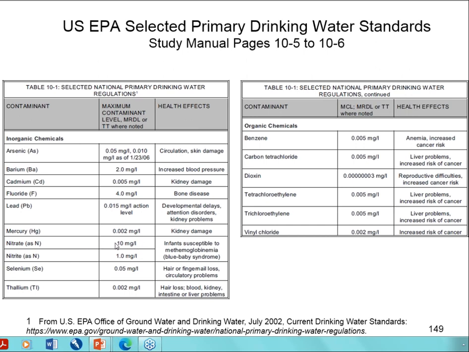With our MCL of 10, if we drink water with these high levels of nitrate, babies can get methemoglobinemia, which is also called blue baby syndrome.